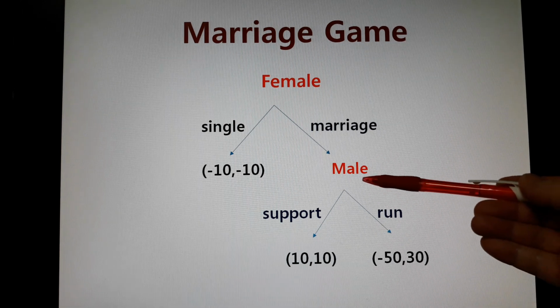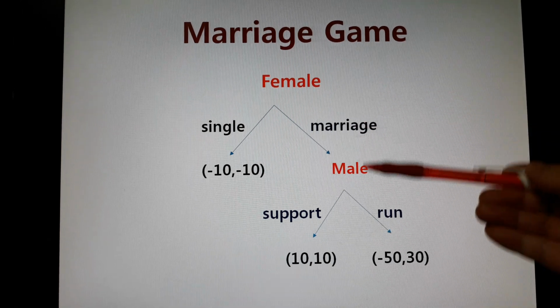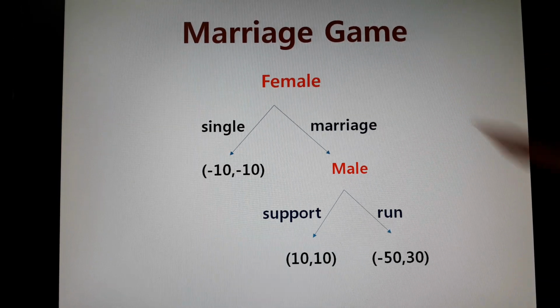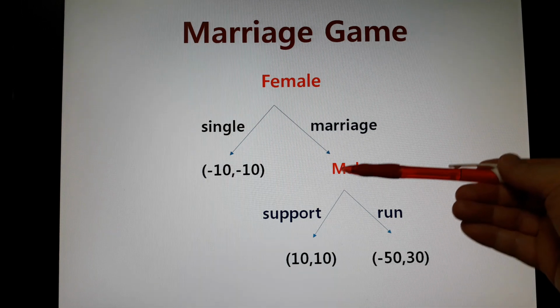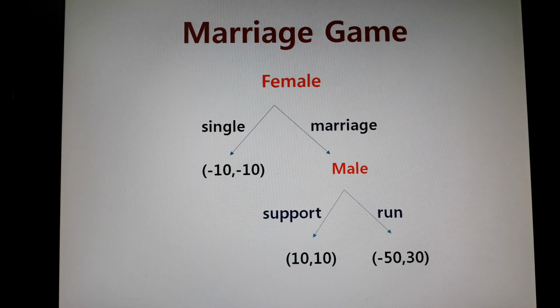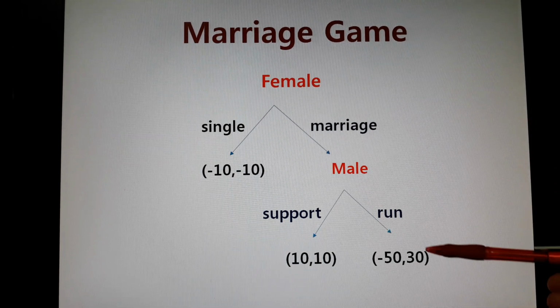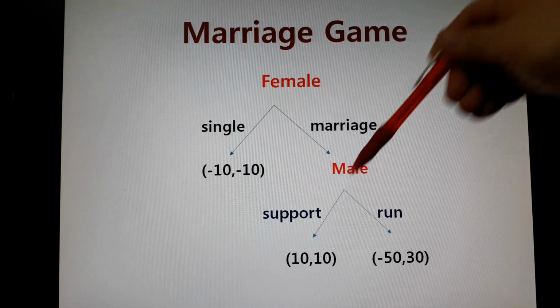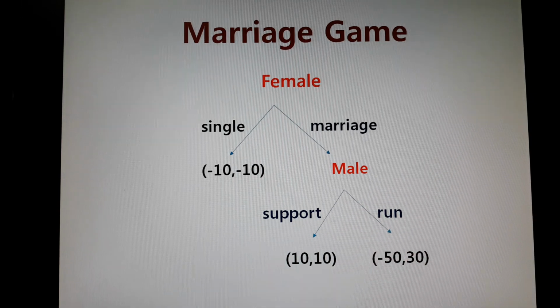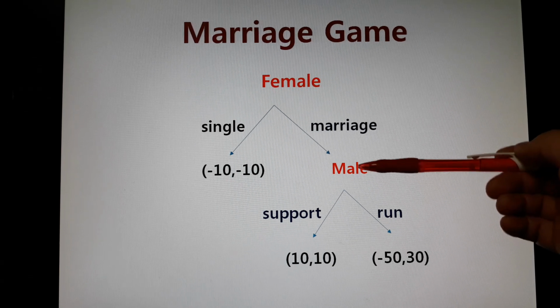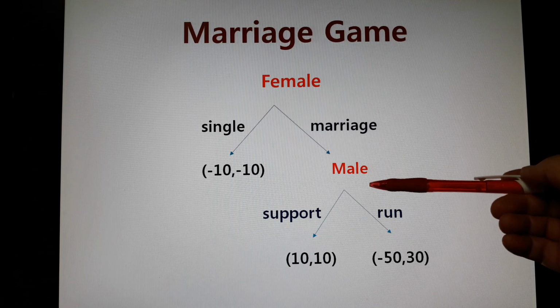And the male has to promise the female, I'll make you happy, I'll support you as long as I live, something like that. So the male basically says, I will never run away, I will support the family all the time. So we are going to get 10 and 10. So the male promised that.